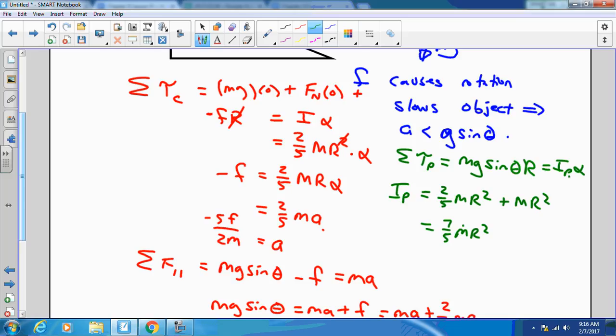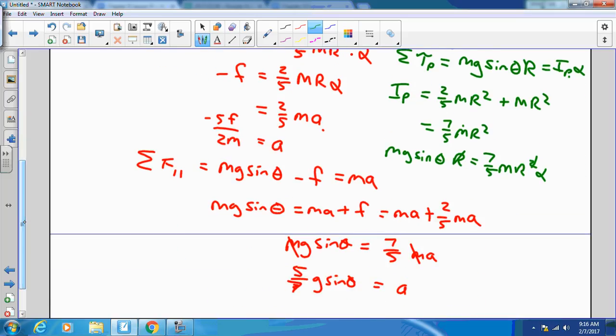And that's going to give us 7/5 of mr squared. Plugging into here, we get mg sine theta times r is equal to 7/5 mr squared alpha. Cancel a factor of r. Recognize that r alpha is equal to acceleration. I'll cancel a factor of m also. And find that the acceleration is 5/7 of g sine theta, which is what we discovered before.